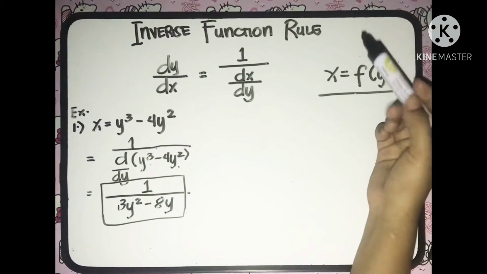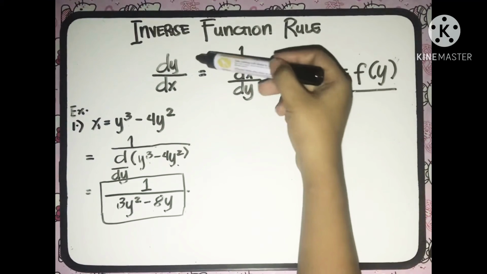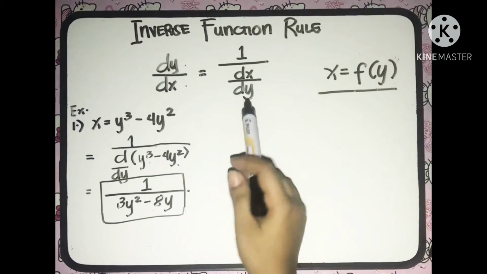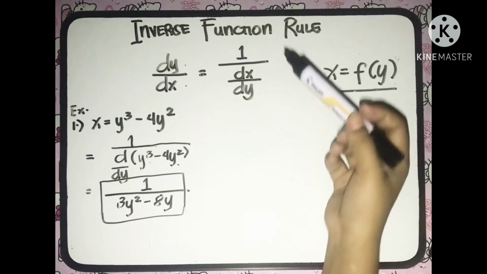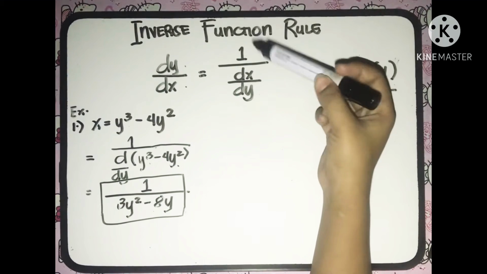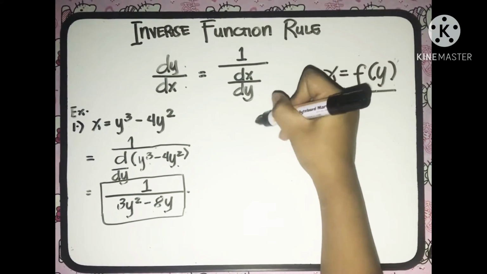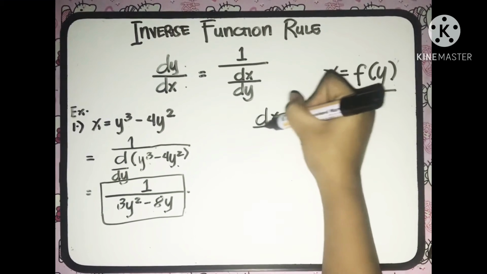So same given. Okay, if you notice, we are finding the derivative of y with respect to x. But our given is in terms of x. So what we will do first is to find the derivative of x with respect to y. So we'll have here the symbol for the derivative of x with respect to y.